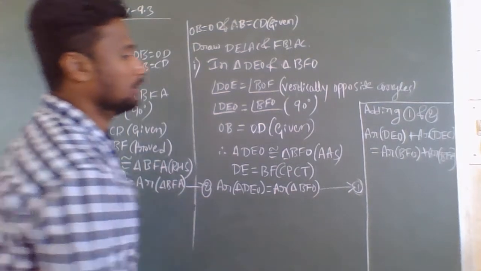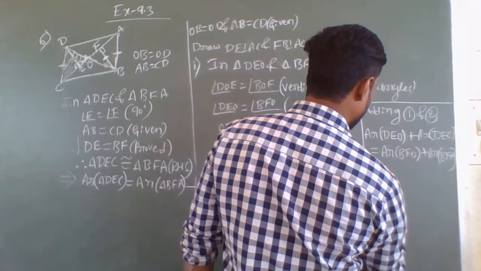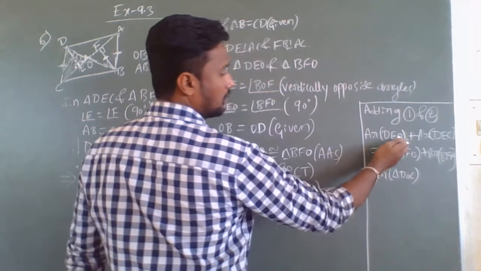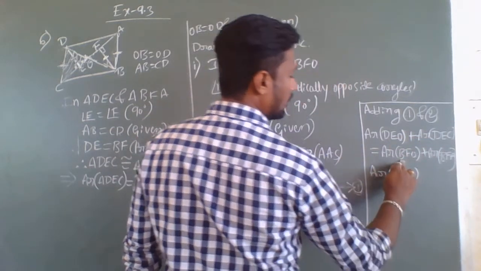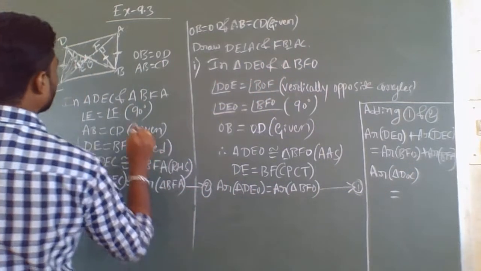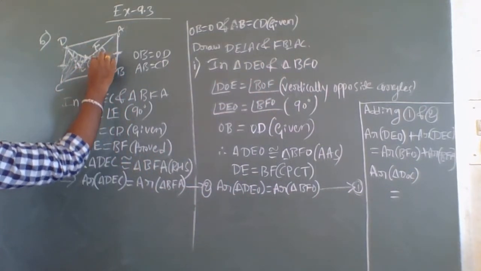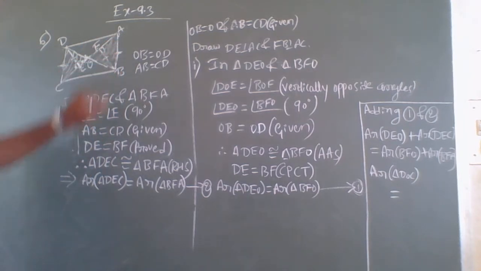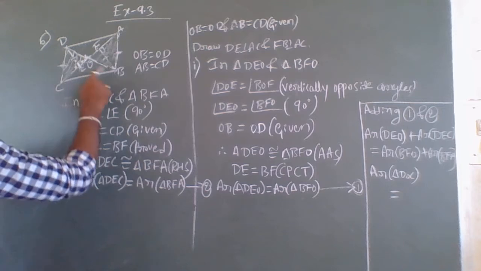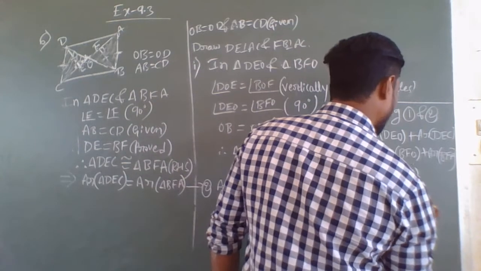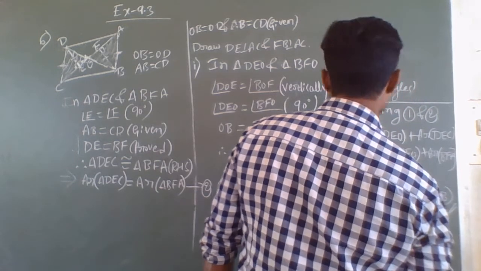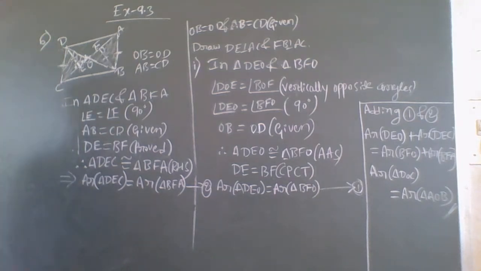So here I can write area of triangle DOC equals, on the right, area of BFO and BFA. Now BFO means this triangle, BFA means this triangle. So when you add these two triangles, what you will get? Area of triangle AOB. Okay, so hence we proved the first question.